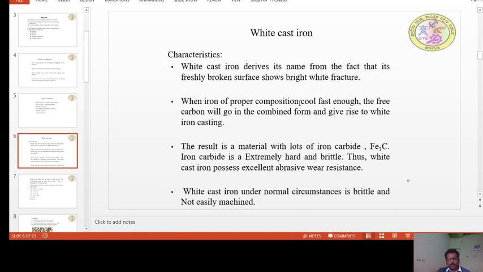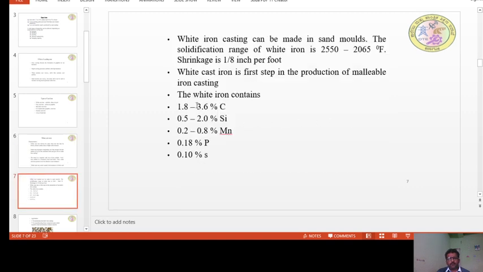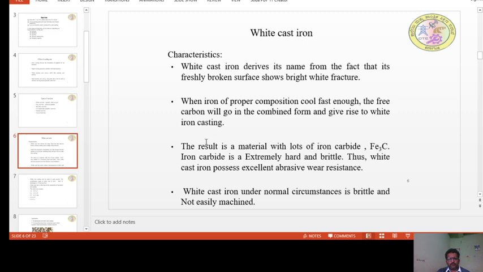When iron of proper composition cools fast enough, the free carbon goes into the combined form and gives rise to white cast iron.